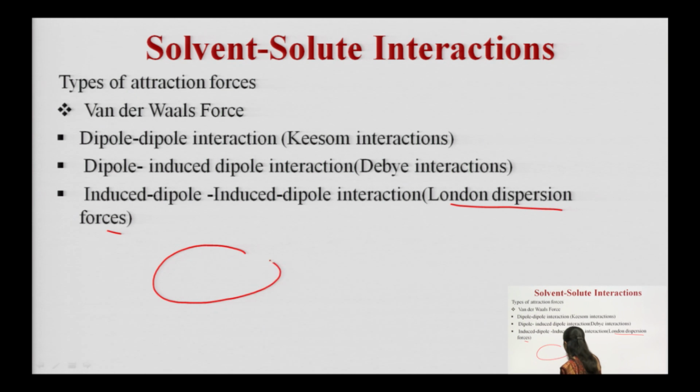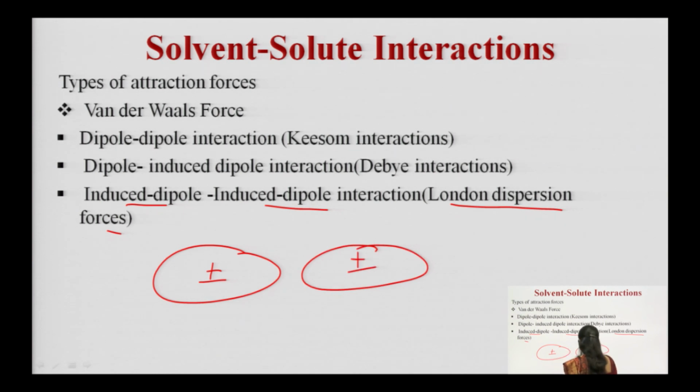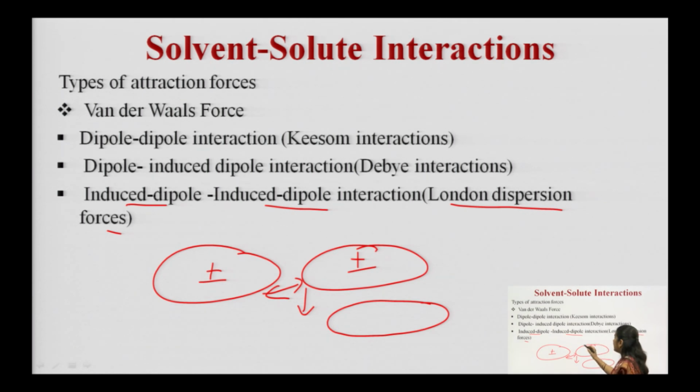It is the force of attraction which exists between two induced dipoles. Suppose two nonpolar molecules are kept together, then they collide with each other, and as they collide there will be a disturbance in the electron cloud and a disbalance in the distribution of electrons. Due to this disturbance, polar dipoles will be created.